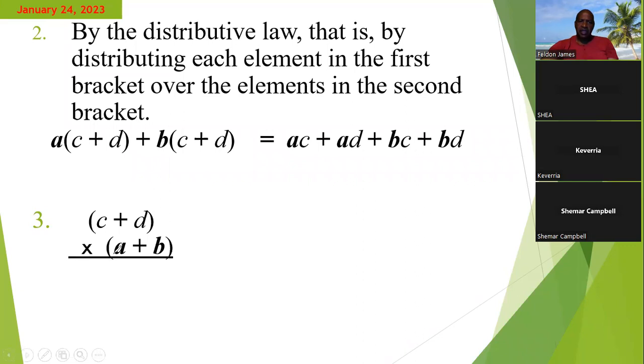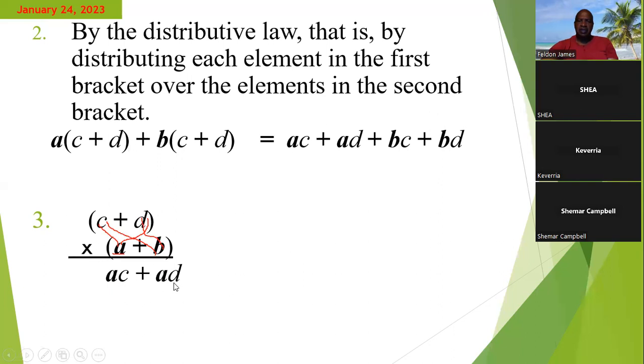Because what we're going to do is take the A. So we're multiplying the C plus D by the A plus B. We take the A and multiply A times C plus A times D. So we'll get what? AC plus AD. Then after we're through with the A, we take the B, and we take B times C, then B times D.